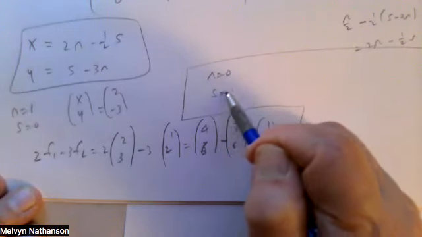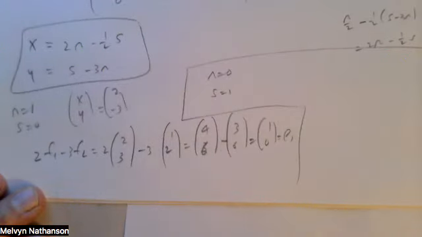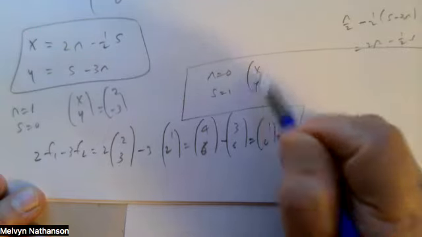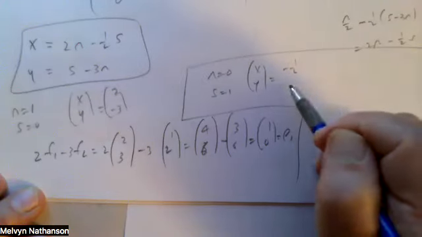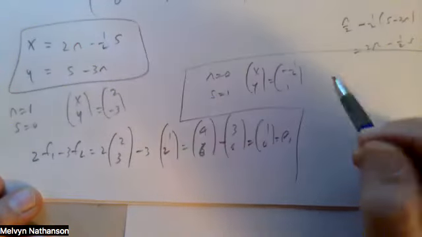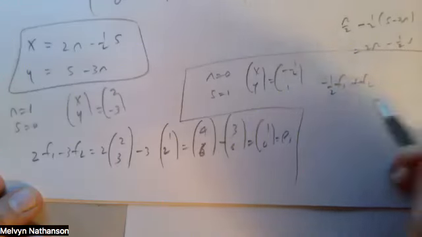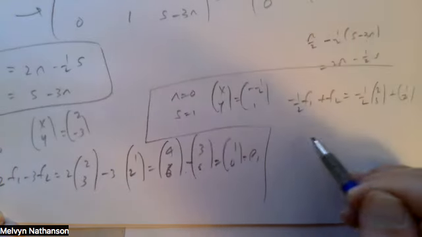And if I take R equals 0, S equals 1, I get xy, R is 0 and S is 1, is minus a half, 1. So if I look at minus a half f1 plus f2, f1 is the vector 2, 3. f2 is the vector 1, 2.